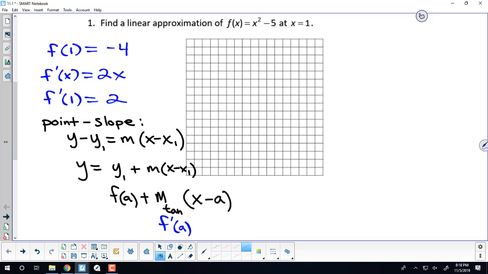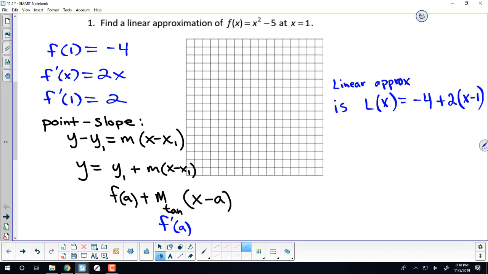Okay, so our linear approximation, we'll just call it L of x for now, is f of a plus f prime of a, which was 2, times x minus a. So that's that. y equals mx plus b, right?